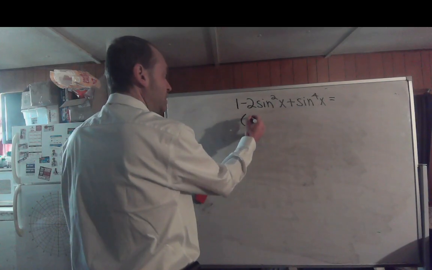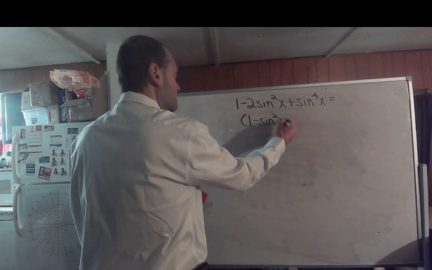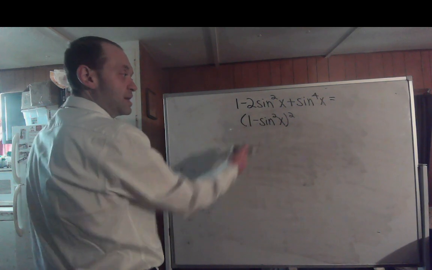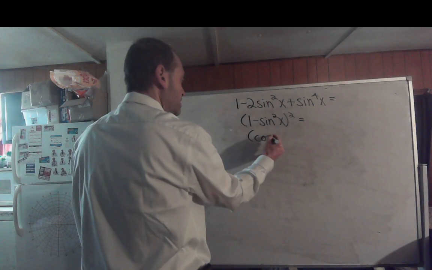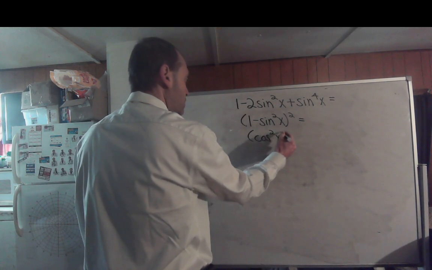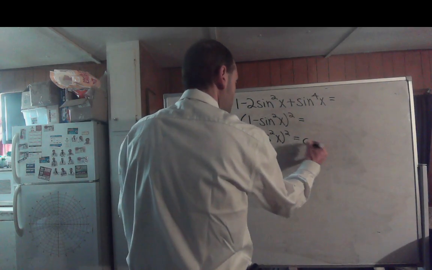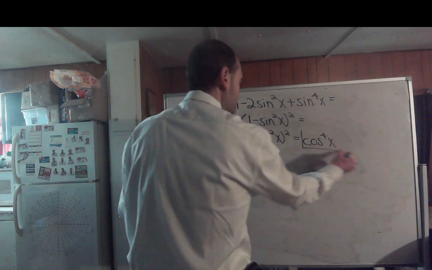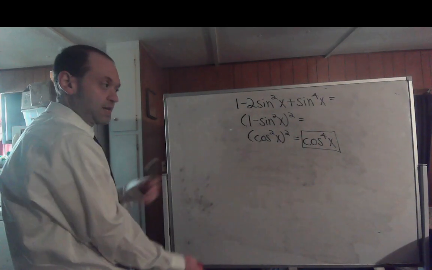This would simplify into 1 minus the sine squared of x to the second power. Well, what's 1 minus sine squared? That just turns into cosine squared. So this would be the cosine squared of x to the second power, which would end up being the cosine to the fourth of x. So that should simplify into the cosine to the fourth of x.